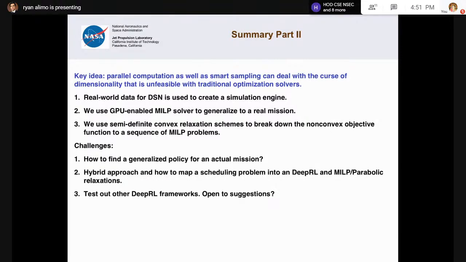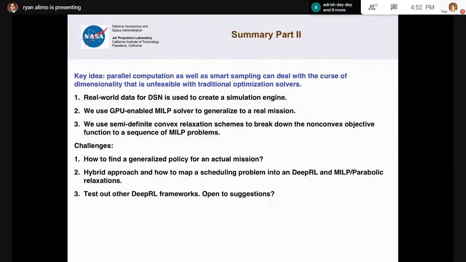However, the problem that again remains, and the challenge that we have, is how to generalize to the actual mission, right? If you use deep learning that uses training data from the simulation, and maybe a data set that was from 2 or 3 years or 5 years ago, there are some differences in the training set, and how can we generalize with few samples?